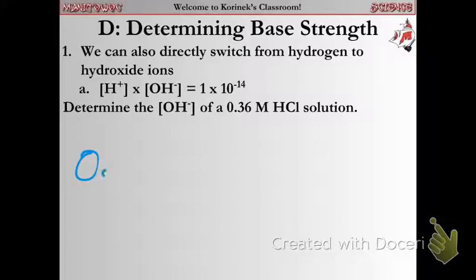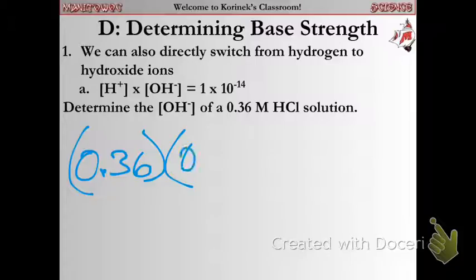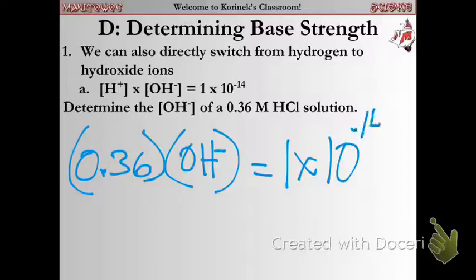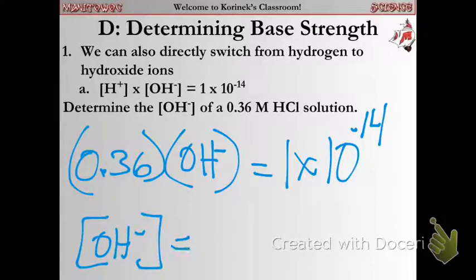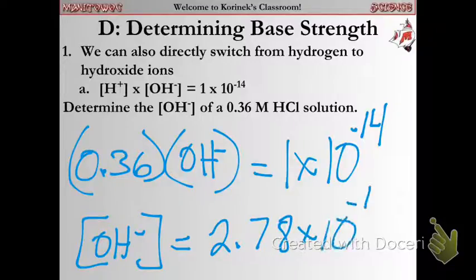You would take 0.36, multiply that by your unknown, the hydroxide ion concentration, and that equals 1 times 10 to the negative 14. And if you do this mathematically, you're going to find that your hydroxide ion concentration equals 2.78 times 10 to the negative 14.